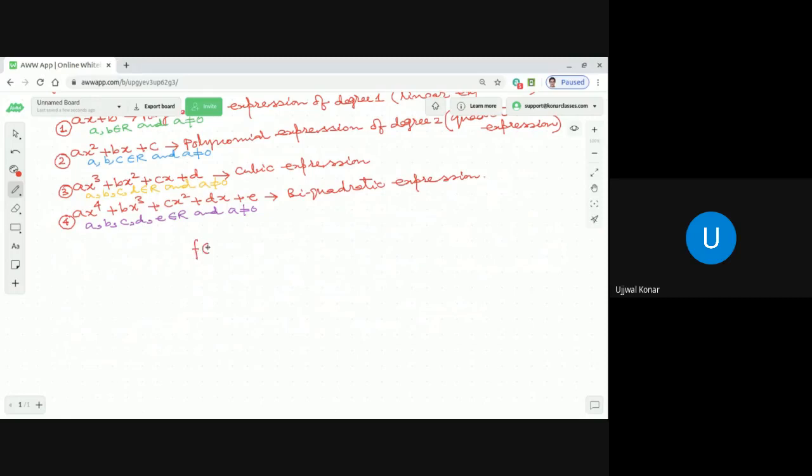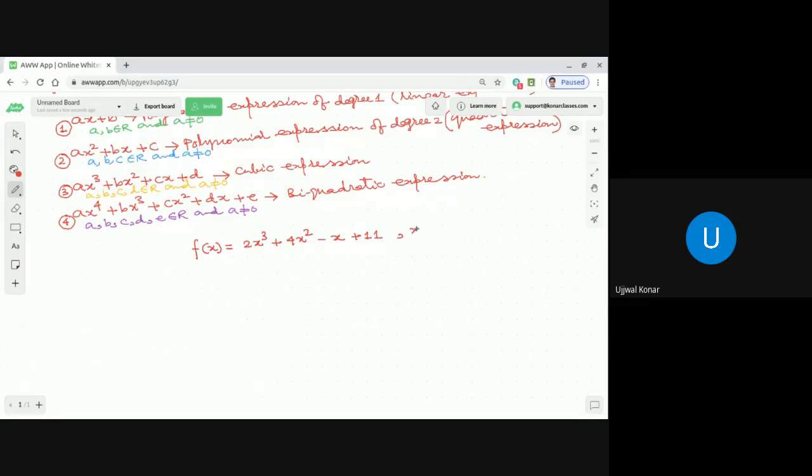Suppose we have a polynomial expression f(x) equal to 2x cube plus 4x square minus x plus 11. Fine. It is a polynomial expression, and that expression is denoted by f(x). Correct or not? Now, what is x?